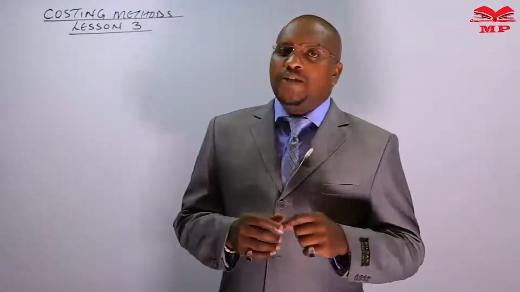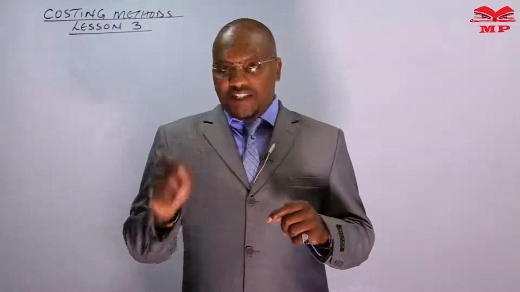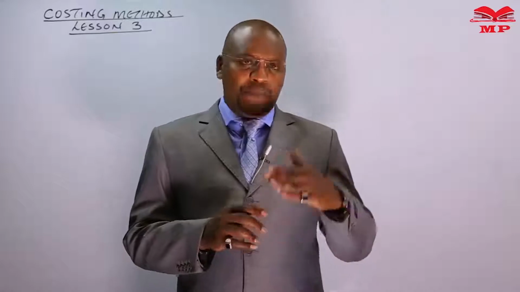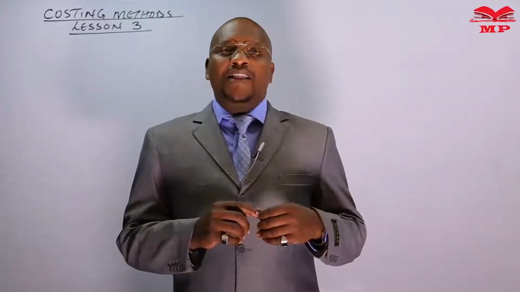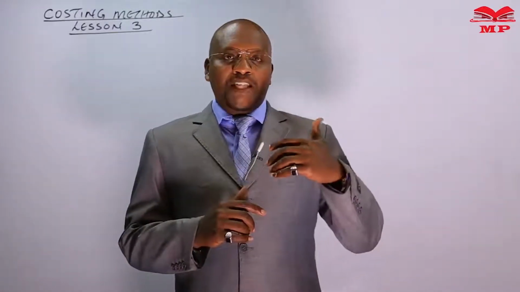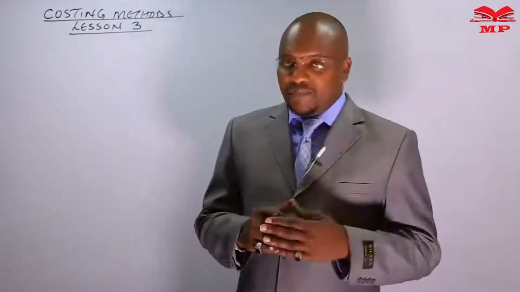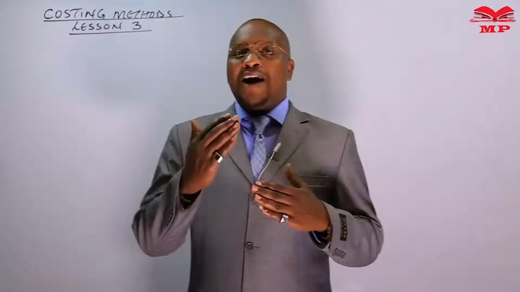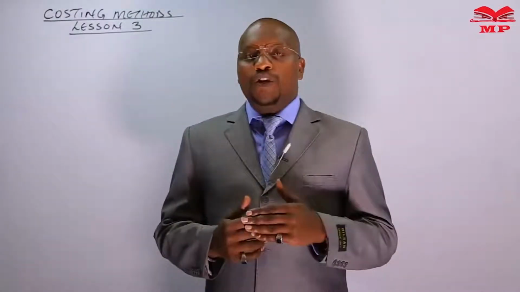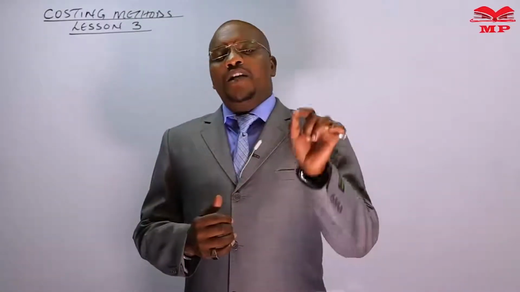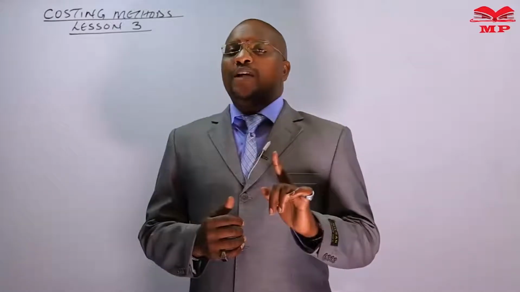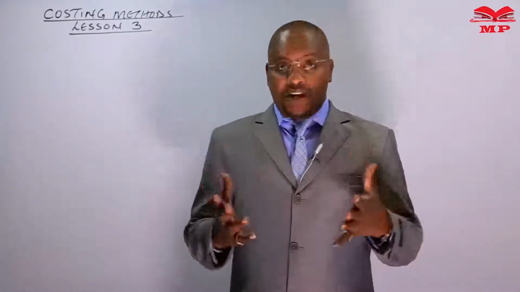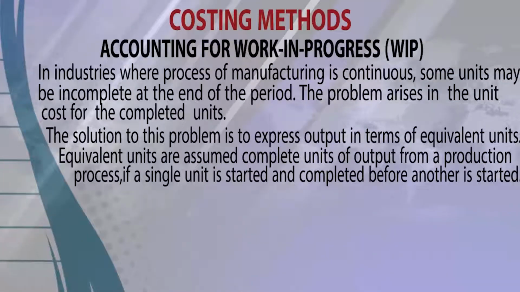Then what we do is determine the equivalent units. Say, for example, you have completed them halfway, 50% complete, and they are 300 units. Instead of saying 300 units, which are actual, we talk of half of the 300, which is 150. So we talk of 150 equivalent units that have been completed, even though actually it is 300 units that have been done halfway. That's what we mean by equivalent units.